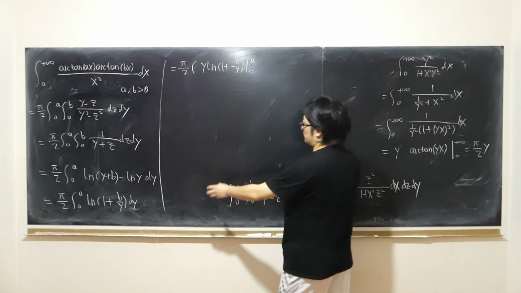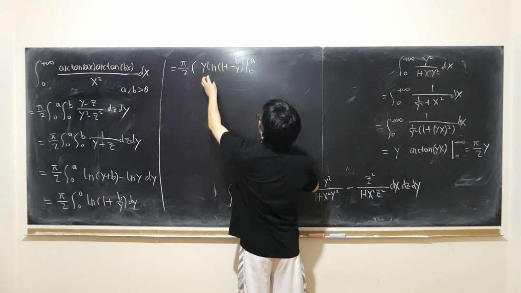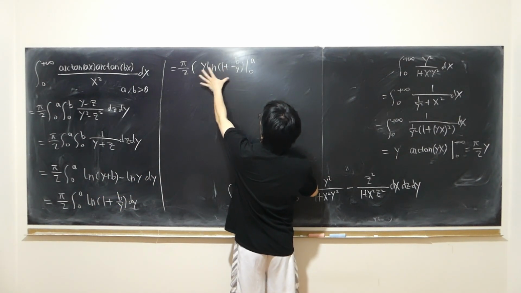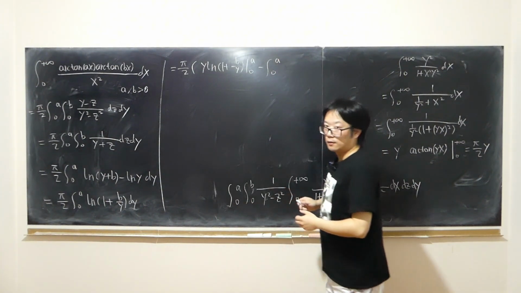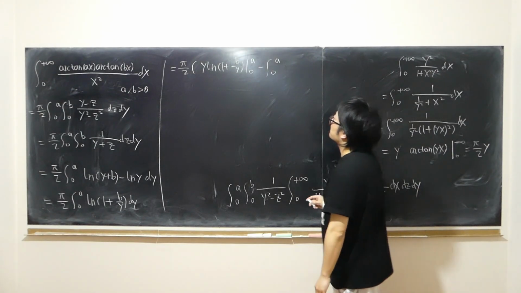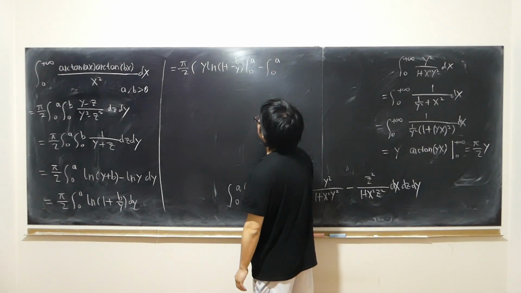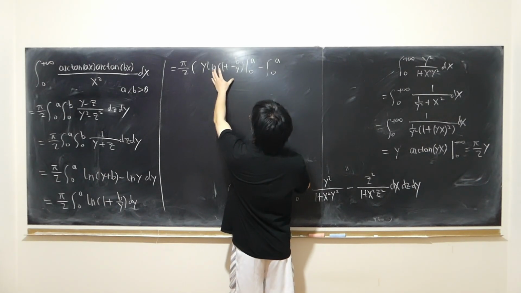That's u dv, v is y, v times u, minus 0 to a, v du. v is y.